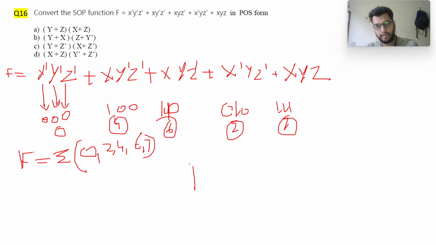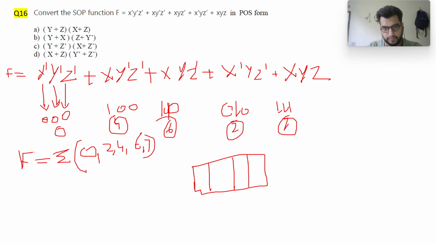So in a 3 variable K-map, this is x, y, z. This is x bar, this is x, this is y bar z bar, this is y bar z, this is y z, and this is y z bar.